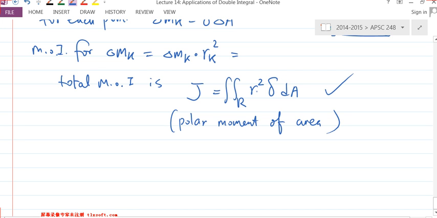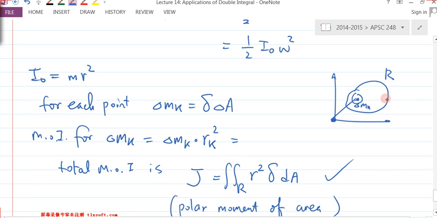To extend this application a little bit: this is the moment of inertia with respect to the axis passing through the origin. How about the moment of inertia with respect to the x-axis or y-axis? Here's the idea.